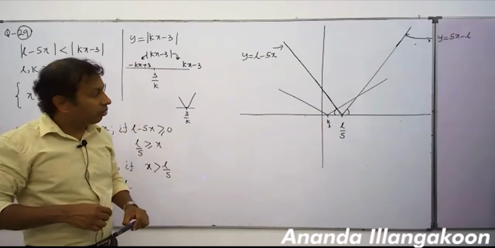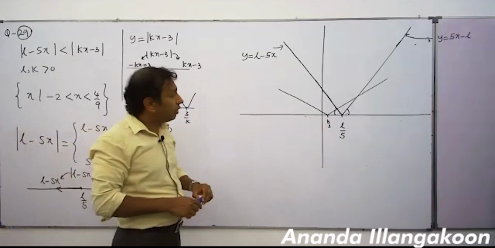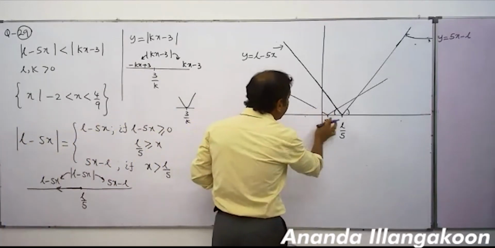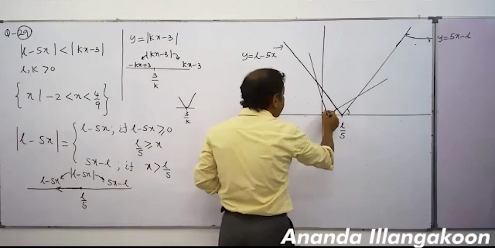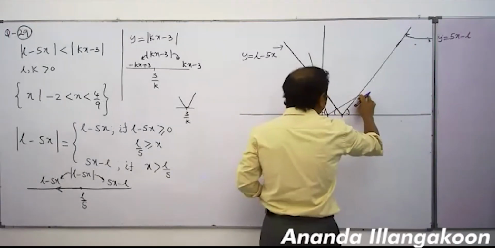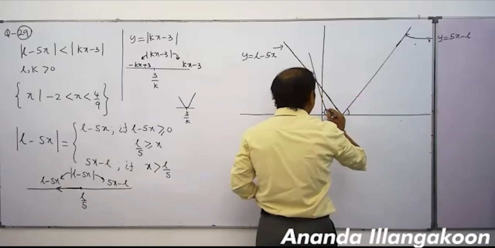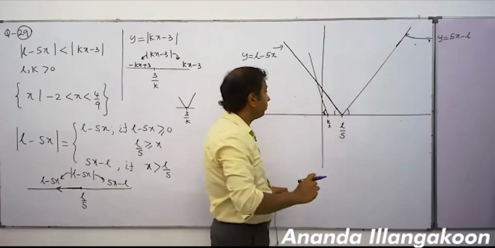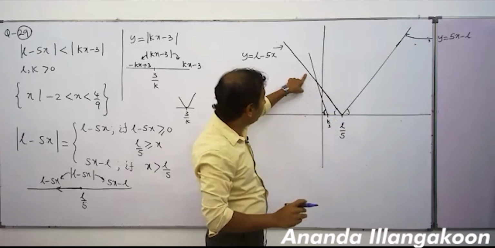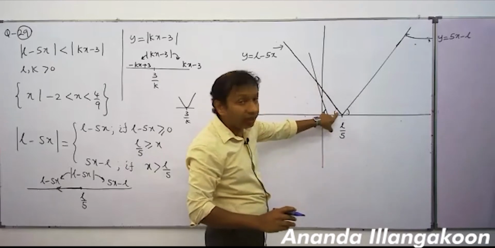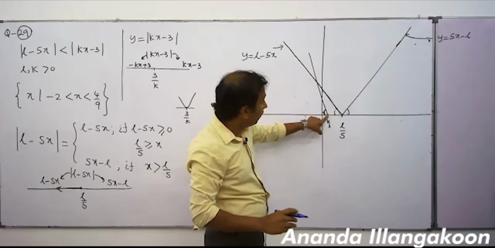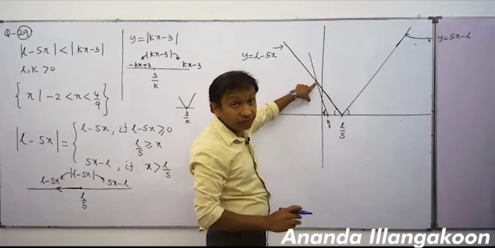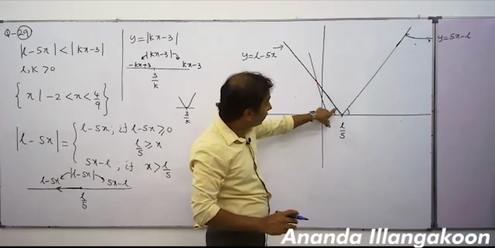Okay? You might ask, then what if we draw taking k/3 this way and this way? To intersect this line and this line, this angle should be greater than this angle. Why? That's obvious, no? To intersect this line somewhere here at a minus figure, this angle should be greater than this.